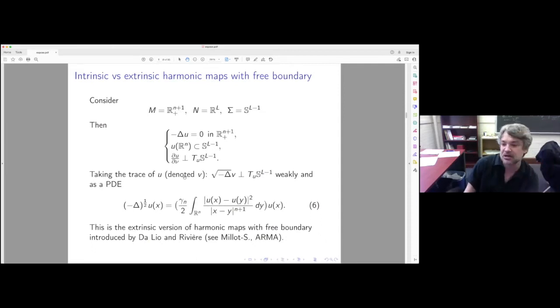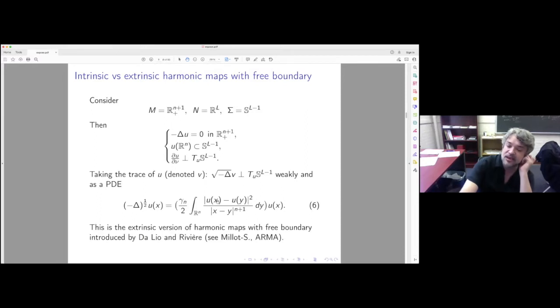By Fourier, you can prove very easily that ∂u/∂ν is the square root of the Laplacian of v. This condition reinterprets as the square root of the Laplacian of v being orthogonal to the tangent space of the sphere at v on the boundary. So what you are doing is looking at the solution of this equation and harmonically extending it to the half space. This is exactly what this system is giving you.